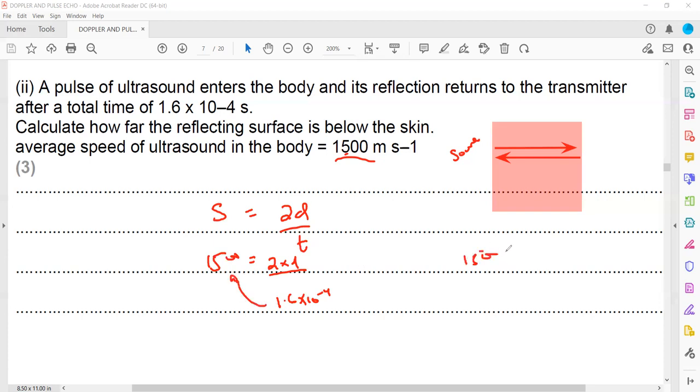So 1500 times 1.6 × 10^-4, divided by 2. When we calculate this, the distance is about 0.12. So 0.12 meter is the distance between the source and the reflecting surface.